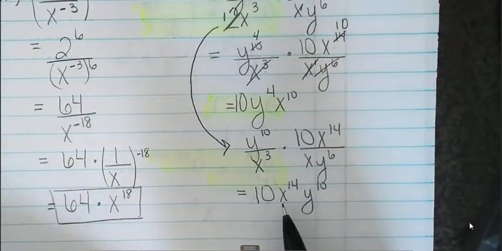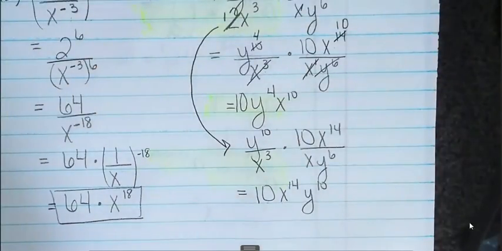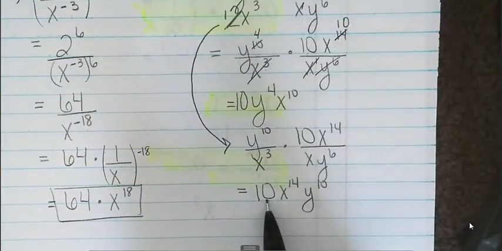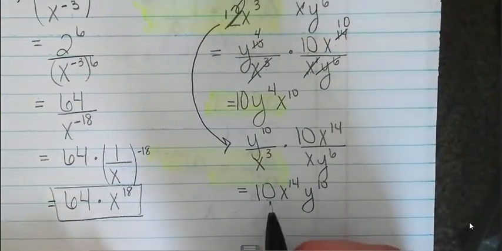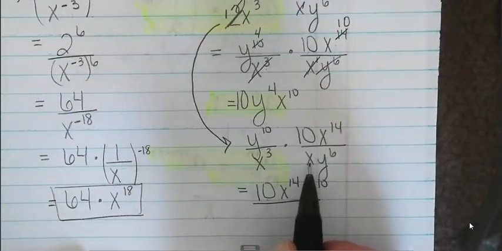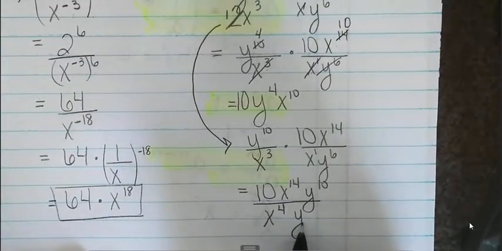You usually want to list your variables in alphabetical order, so that's why I put x first and then y. And you usually want to have your coefficient out front. And then on the bottom, notice I have two like bases, so I add those exponents. This is really x to the 4th, y to the 6th.